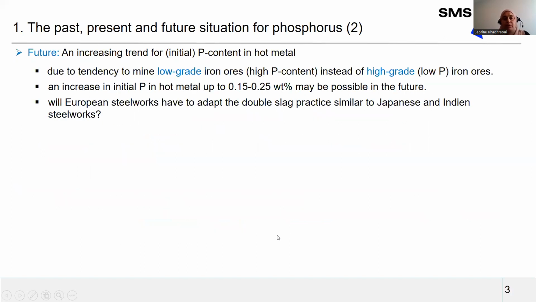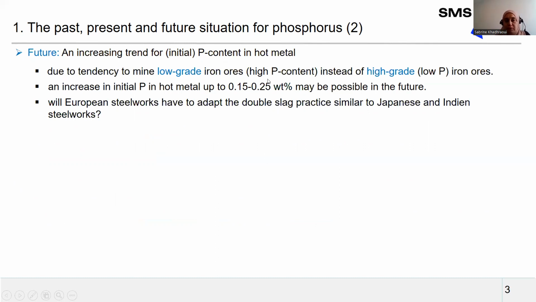So how would the future situation look like? It is expected that an increasing trend for phosphorus in the iron ores and thus in the hot metal will be a reality in the future. This is due to the tendency to mine low-grade iron ores instead of high-grade iron ores.